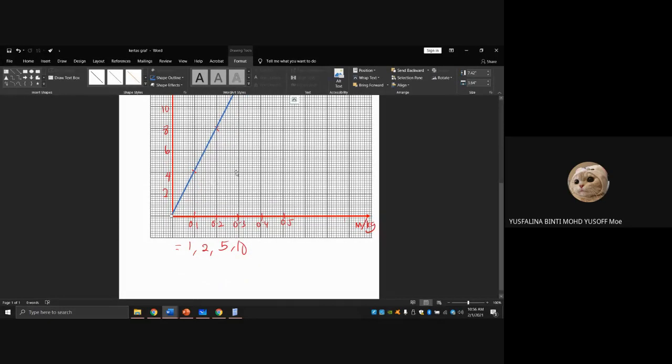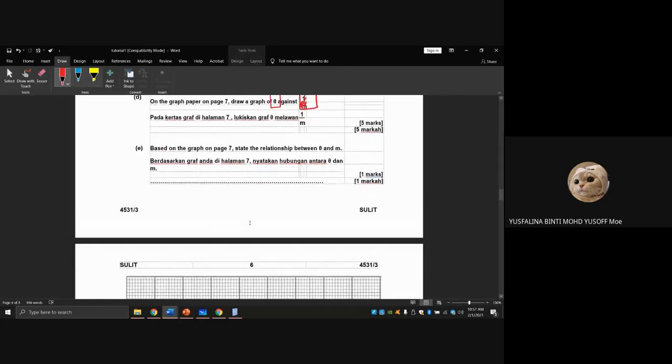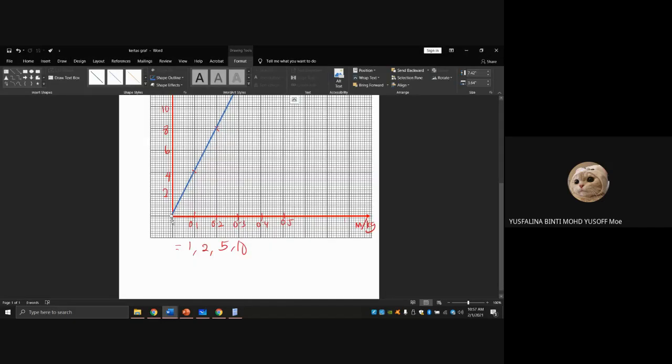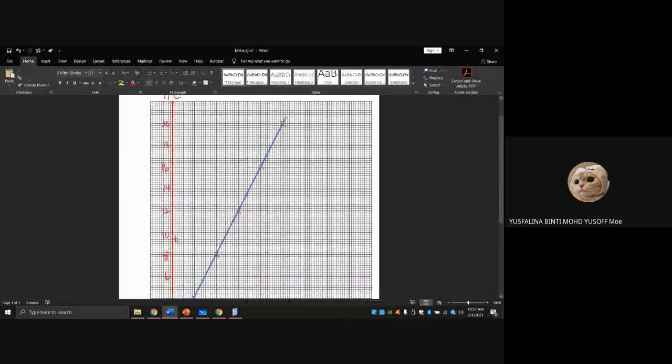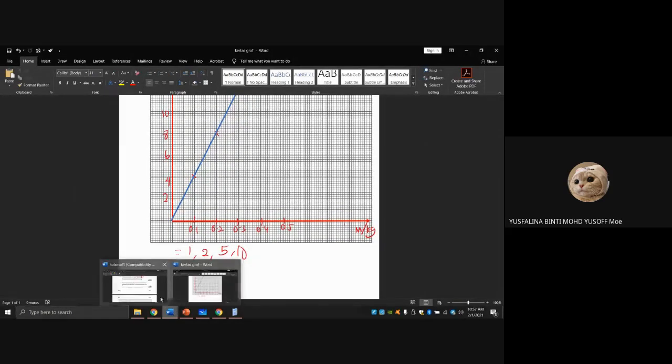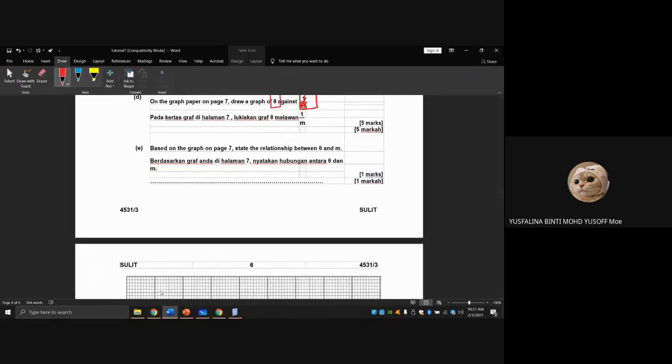Based on my graph, the next question asks you to find the relationship. Mine does not pass through the origin. If it does not pass through the origin, it means theta is increasing linearly with m.